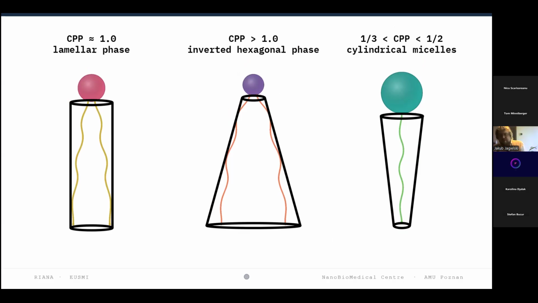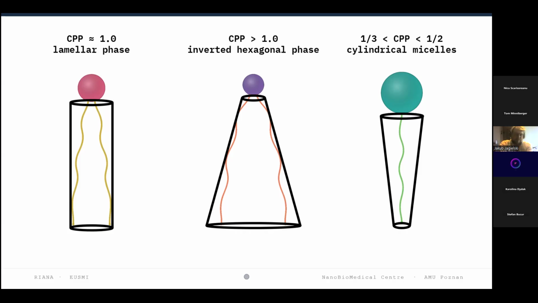When CPP exceeds 1, the molecule has an inverted cone geometry with a relatively small head group and large hydrophobic volume, favoring negative interfacial curvature, which leads to the inverted hexagonal phases. In the range of 1/3 to 1/2 CPP, we obtain cylindrical micelles with positive curvature.